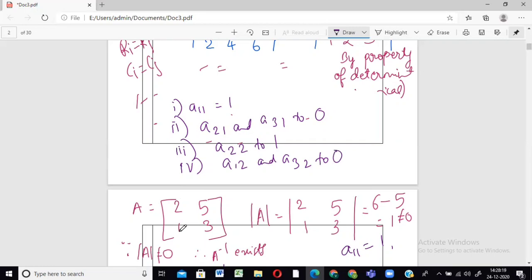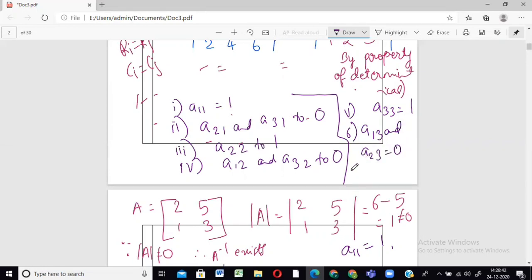A11, A21, then we're making A22 equal to 1, and then A12. What is that A12? First row, second column. This will be 0. Now the fifth step is A33, you will make it 1, and then the sixth step is making A13 and A23 equal to 0.